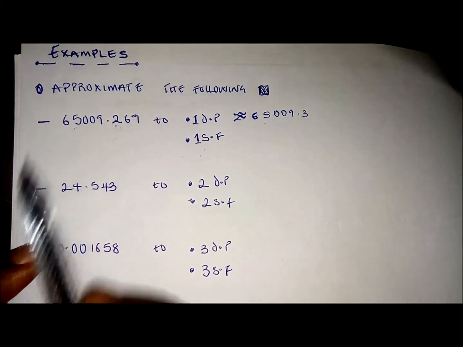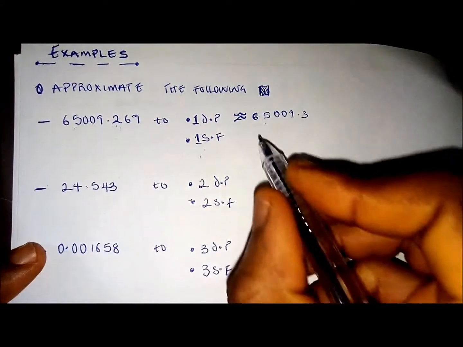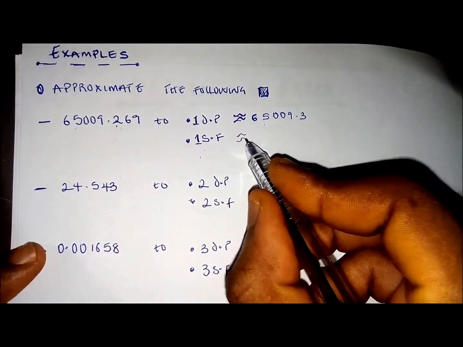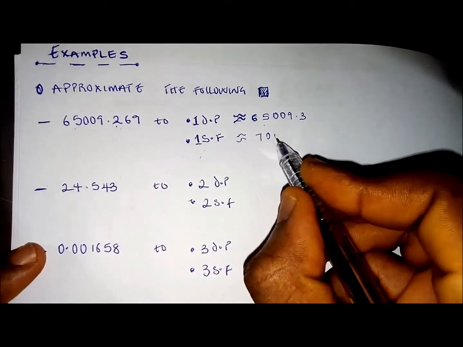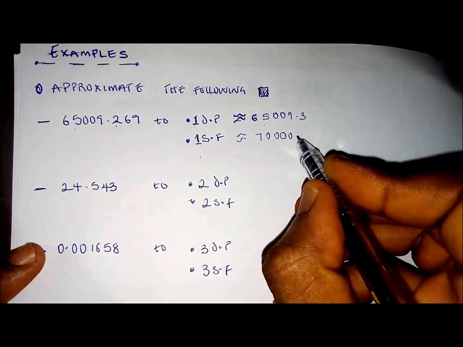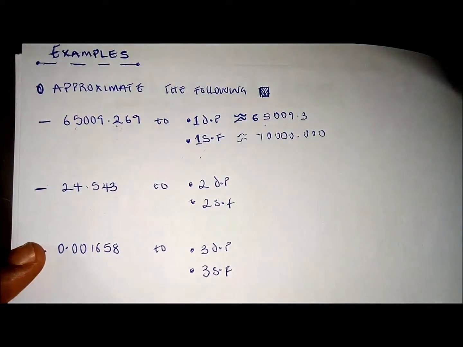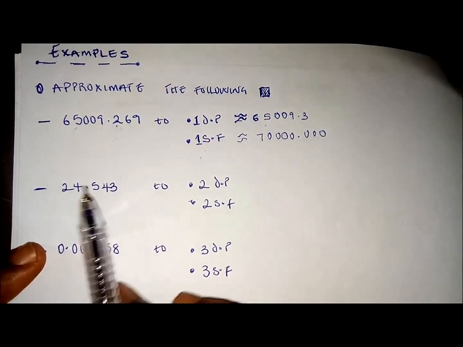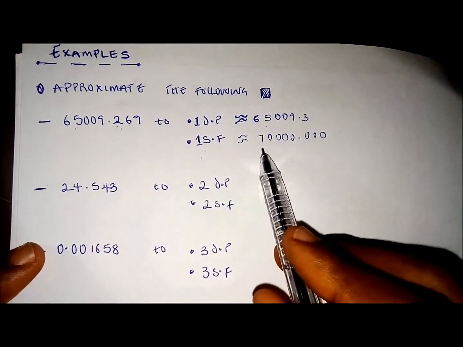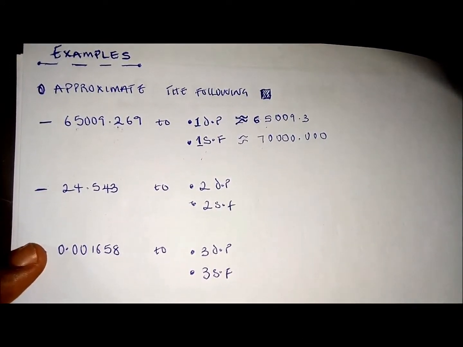Yeah, so rounding up now, we'll add 1 here, and we'll have 70,000.000. When you round up normally, the rest after that becomes 0. So this is the answer to this.